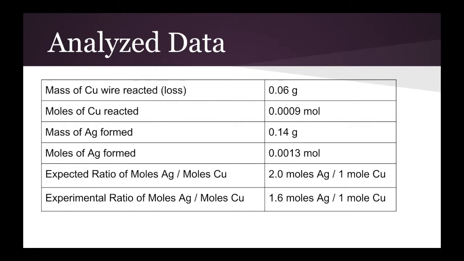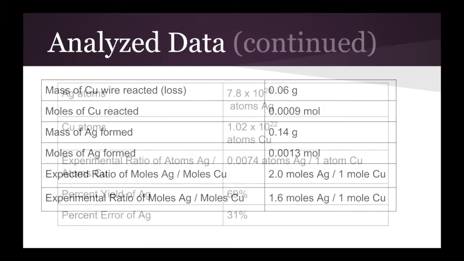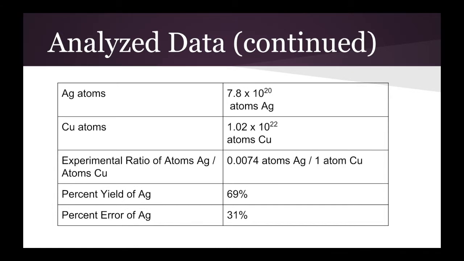The expected ratio of moles silver to moles copper is 2 moles of silver to 1 mole of copper. The experimental ratio of moles silver to moles copper is 1.6 moles of silver to 1 mole of copper. The amount of silver atoms is 7.8 times 10 to the 20th. The amount of copper atoms is 1.02 times 10 to the 22nd.